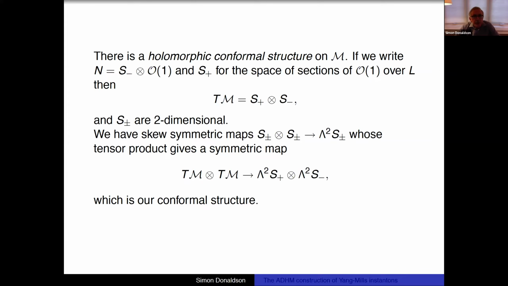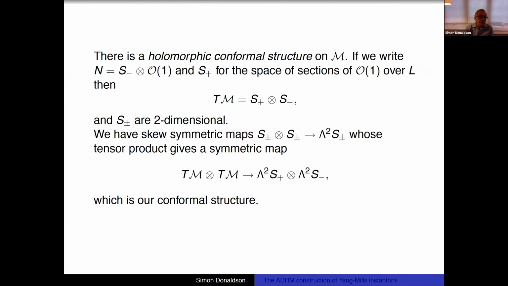So the observation then is that if we have a tensor product of two-dimensional vector spaces, that automatically has a natural quadratic form defined up to a factor. This is just because we have a skew-symmetric map from S plus times S plus to lambda 2 of S plus, similarly for S minus. And if we take the tensor product of those, then we get a symmetric map from Tm tensor Tm to a tensor product of a pair of lines.